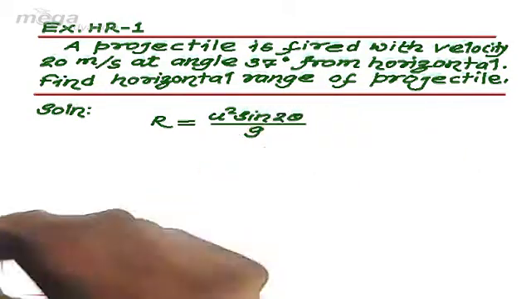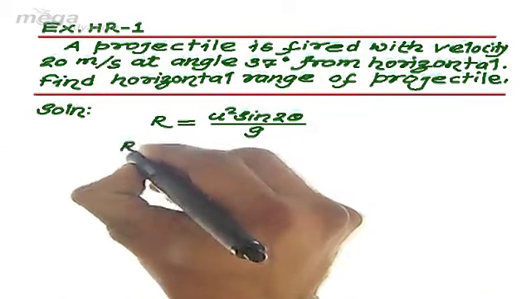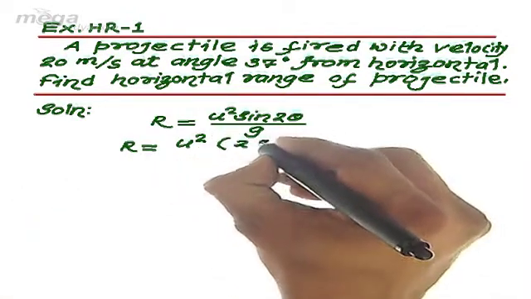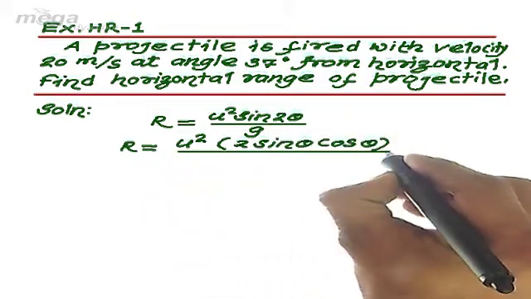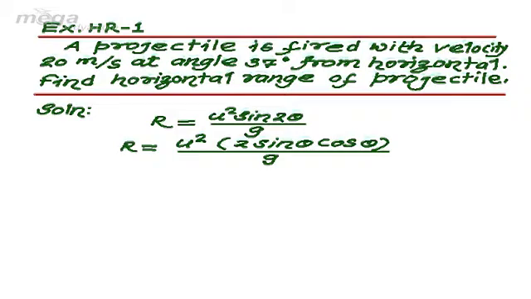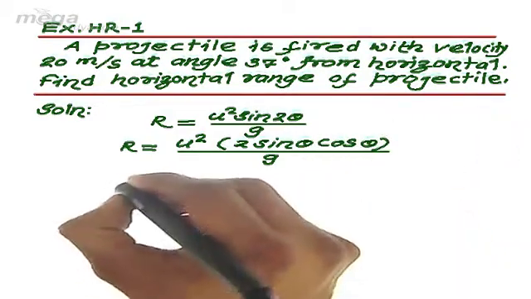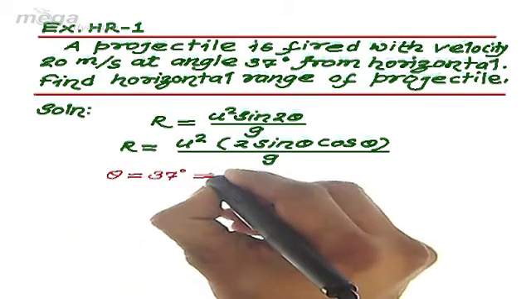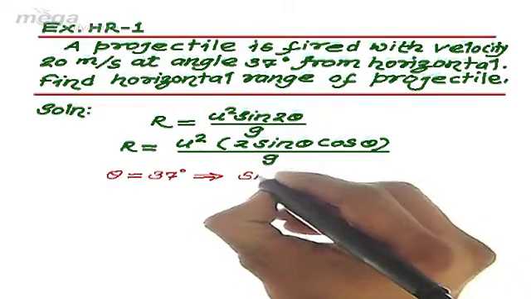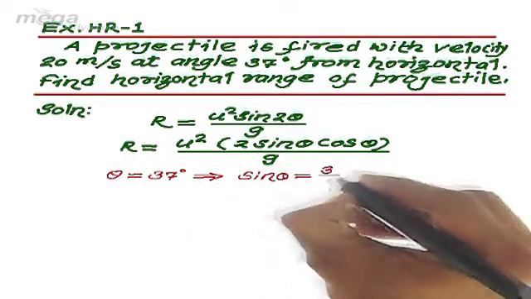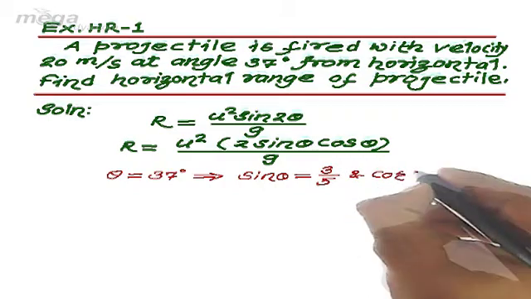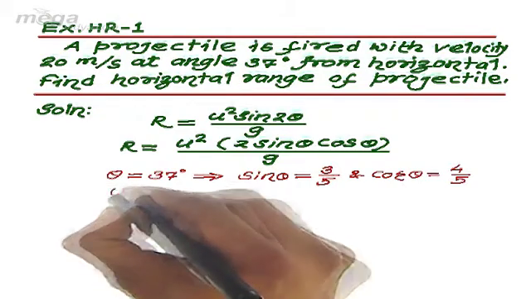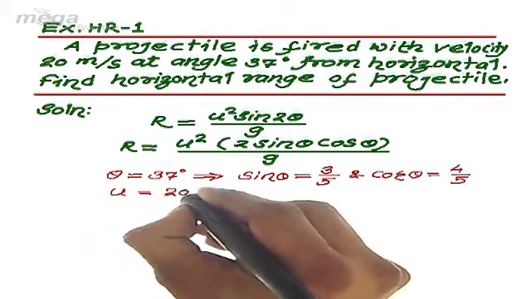Here this formula can also be elaborated as u square, 2 sine theta cos theta, divided by g. Now you can see theta has been provided to us as 37 degrees, by using which we can get sine theta to be 3 upon 5 and cos theta to be 4 upon 5. u has been given to us as 20 meter per second.